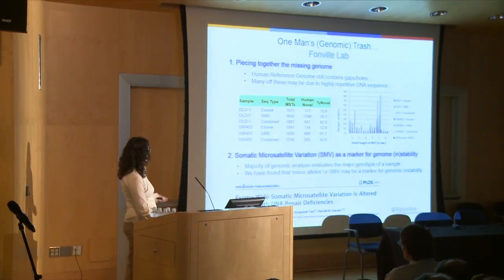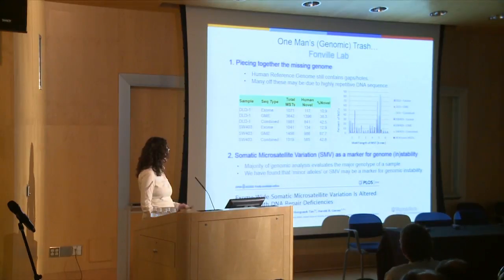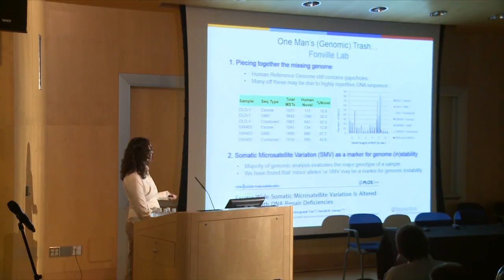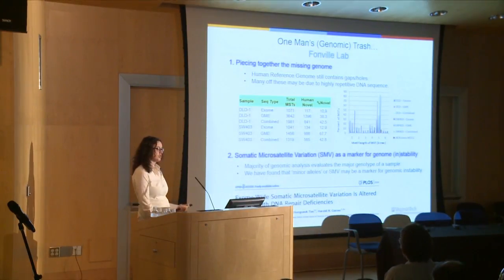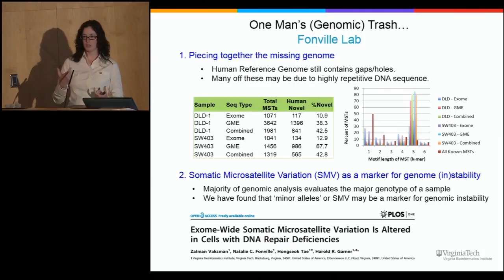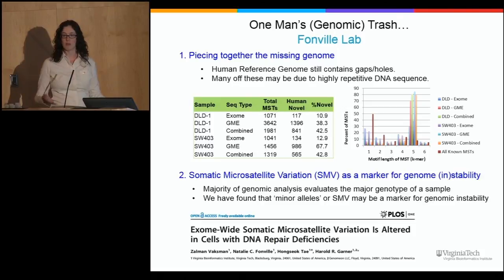I want to touch quickly on another way we're doing it, which has been recently published, so there's more information out there: a new measure of somatic microsatellite variation, where we're looking beyond the genotype to additional alleles that may be present in sequencing data, to see if these can give us an idea of the amount of variation within an individual's genome.